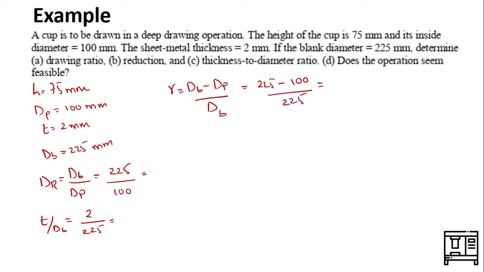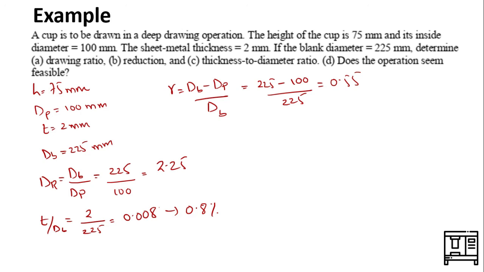We have 225 divided by 100, so we have 2.25 as the drawing ratio, and for the thickness to diameter ratio we have 0.008, or it can be written as 0.8%, and the reduction ratio, 225 minus 100 divided by 225, is 0.55.